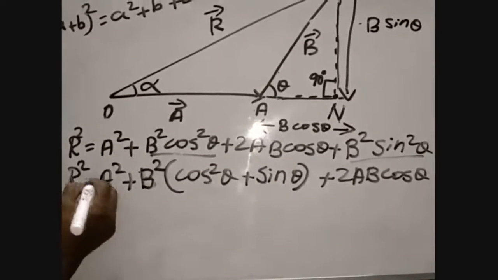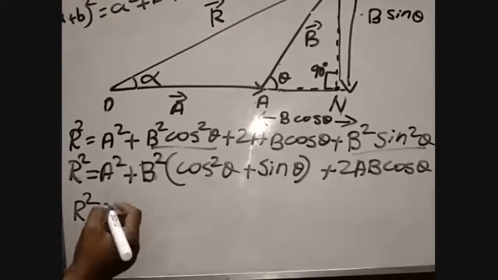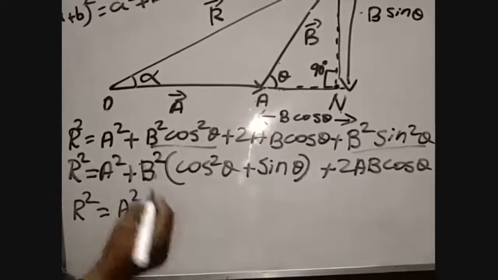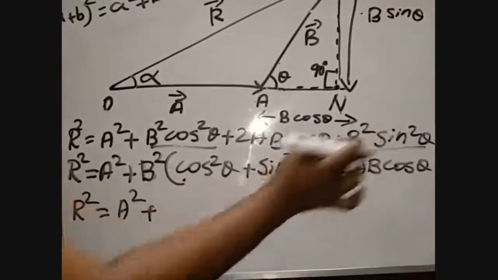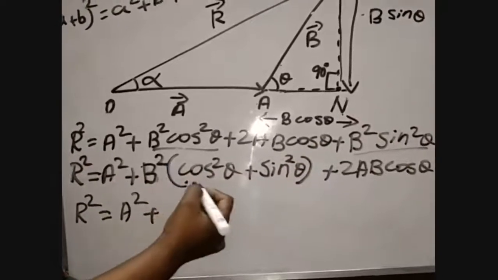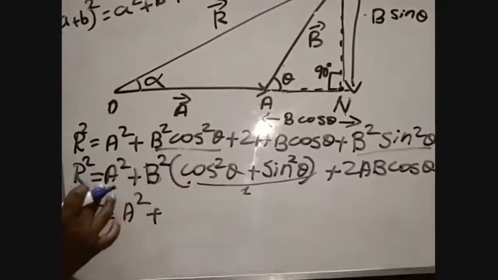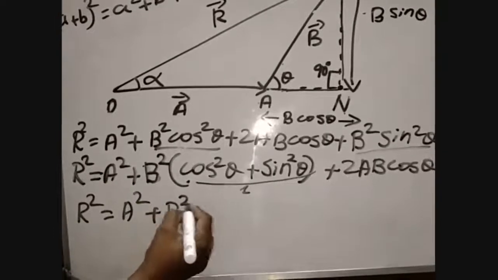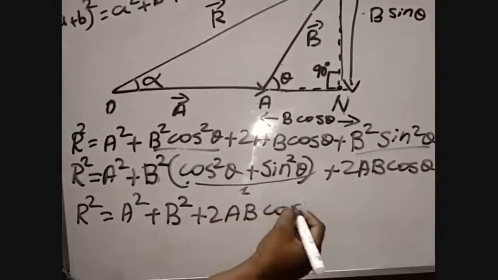So R squared equals A squared plus B squared into the value of cos square theta plus sin square theta, which equals 1. The value of this term will be 1, so we can neglect this term. A square plus B square plus 2AB cos theta.